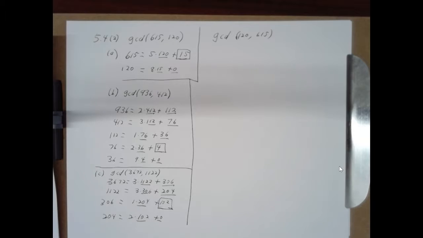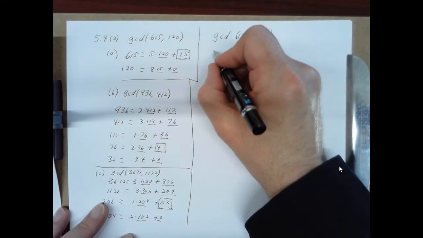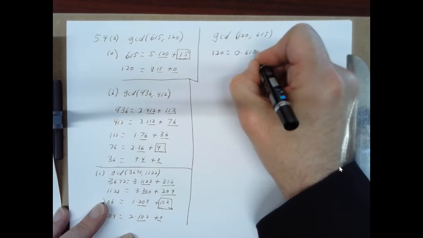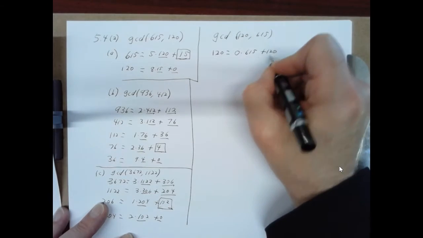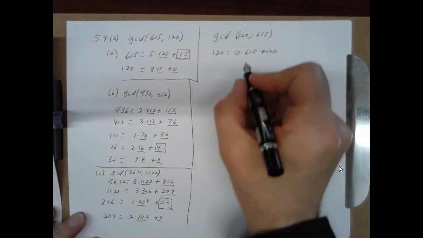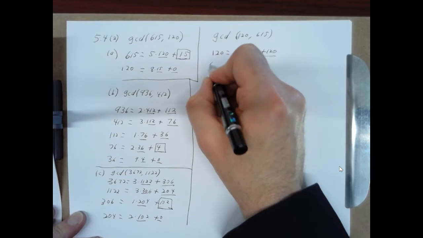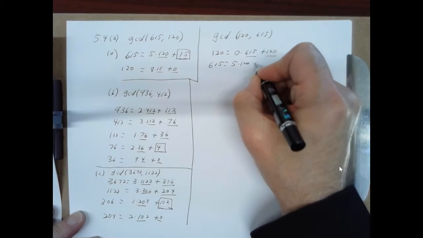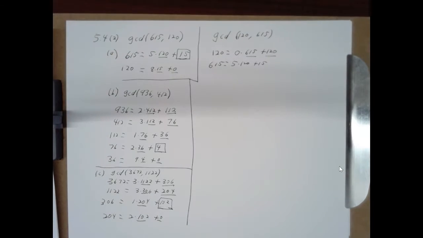You can still use the same algorithm, because 120 would be 0 times 615 plus 120, right? 615 goes into 120 0 times, and your remainder is 120. And now you take these two, and you'll say 615 equals 5 times 120 plus 15, and we're doing the same thing we were doing before. We're going to get the same answer.